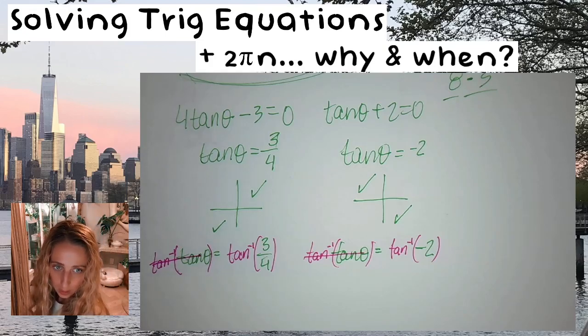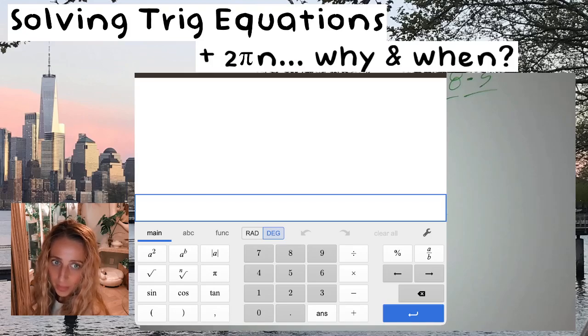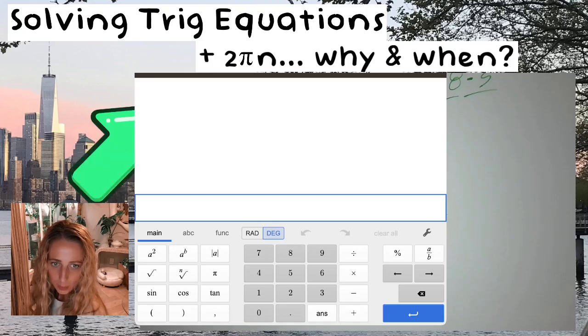So I'm going to pull a calculator up. Here's a calculator. Now I have tan over there. Okay, I have this.